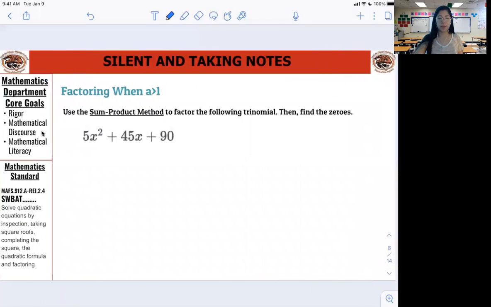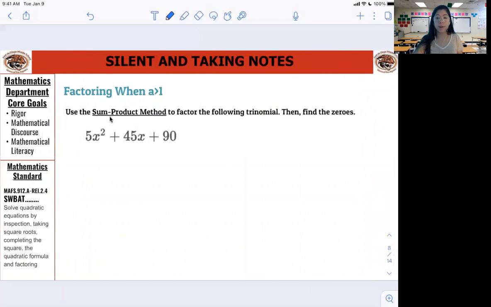But now I have a 5. And that's a problem because the sum product method only works if the leading coefficient is 1. Only works when A equals 1. So when A is greater than 1, you need to see if it's possible to divide by that number.